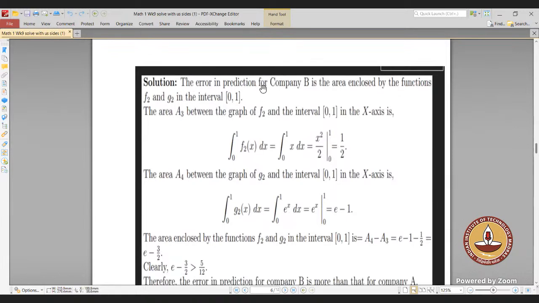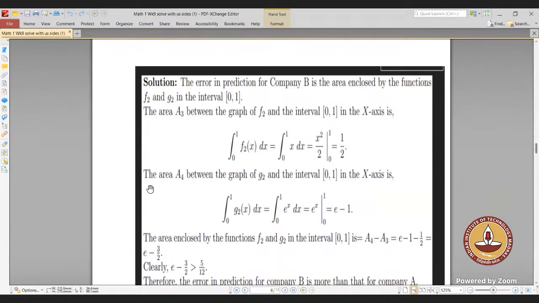The error in prediction for company B is the area enclosed by the function f2 and g2 in the interval 0 to 1. The area A3 between the graph of f2 and the x-axis in the interval 0 to 1 is the integral from 0 to 1 of f2 of x dx. So f2 of x is x. If we integrate it, we'll get x square by 2, and in the interval 0 to 1, we'll get the value as 1 by 2.